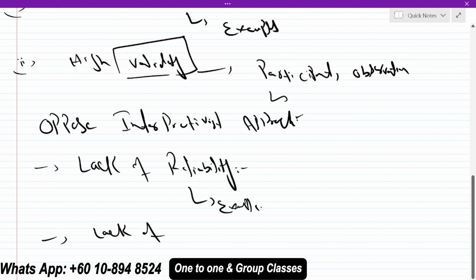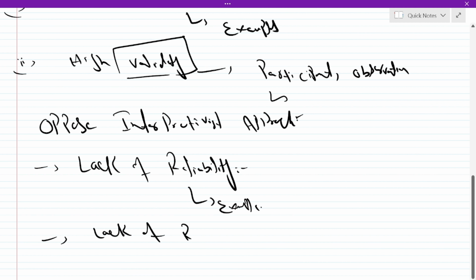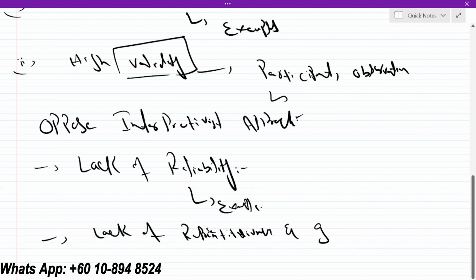Lack of representativeness and generalizability.